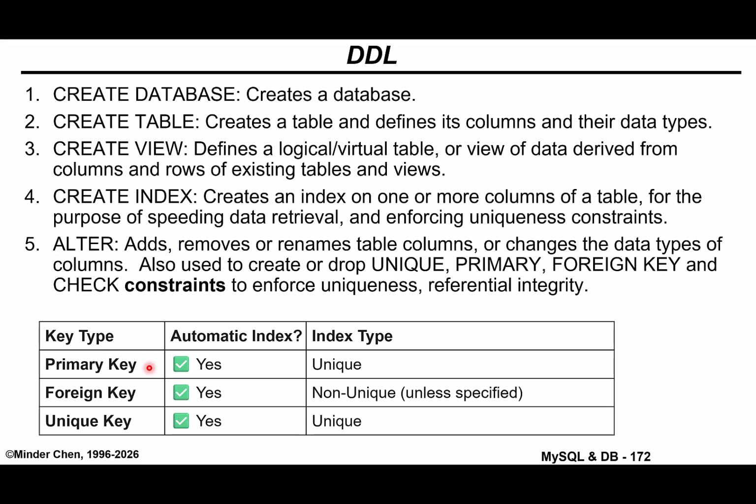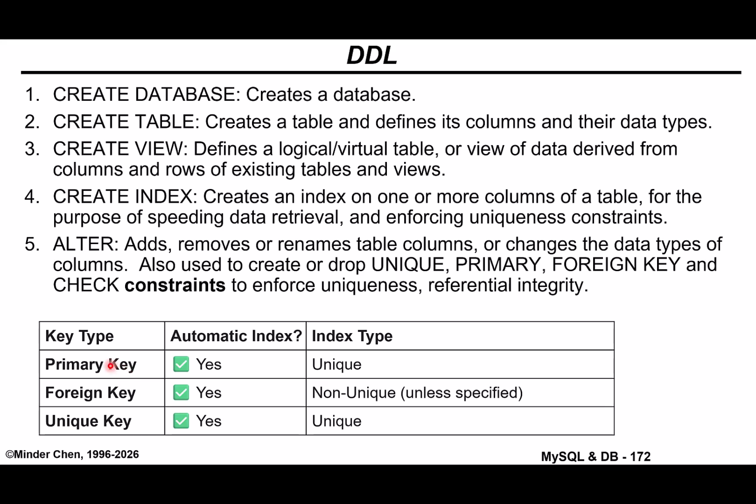So we can create table, create database, create view, create index, and we can particularly alter an existing table, including create or drop unique index, primary key, and foreign key. And we can also define additional constraints. Okay?